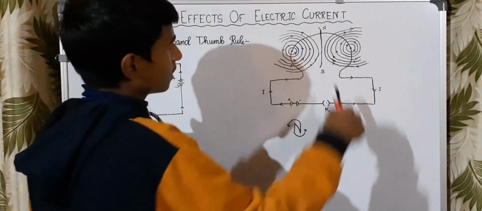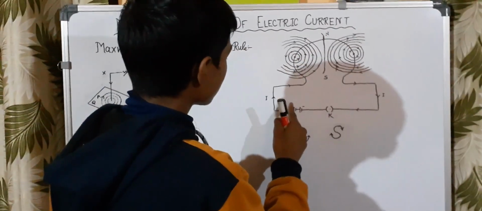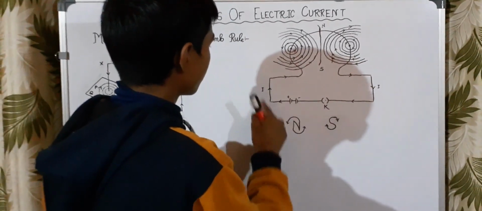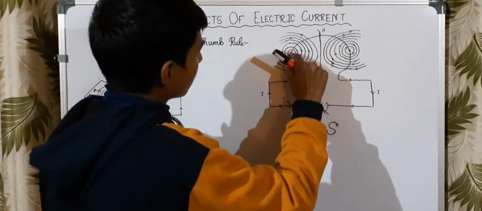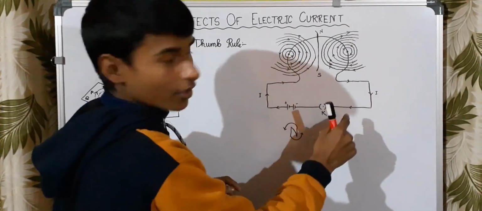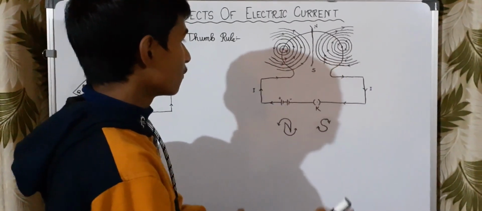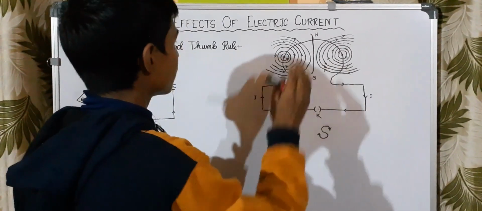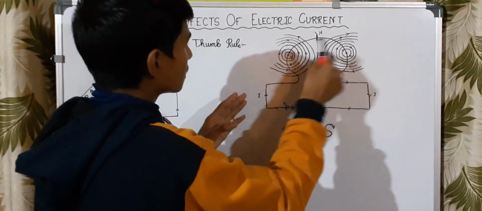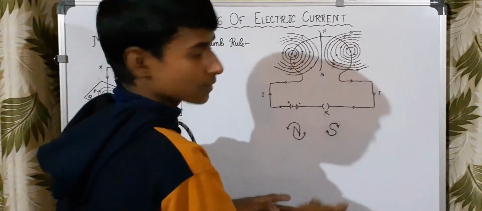So by applying Maxwell's right hand thumb rule, we can understand this diagram. Here it is a circuit with a circular loop. When the current flows from the positive terminal to the negative terminal, then at each and every point a magnetic field is produced. As we know, when electricity flows in a current carrying conductor, a magnetic field is produced. In the same way, here suppose these are 2 points, and at both points a magnetic field is produced.